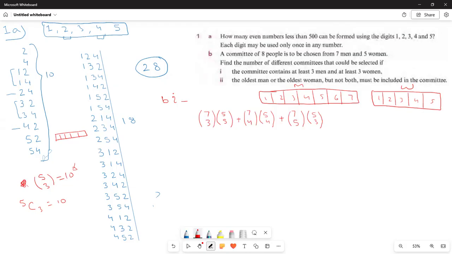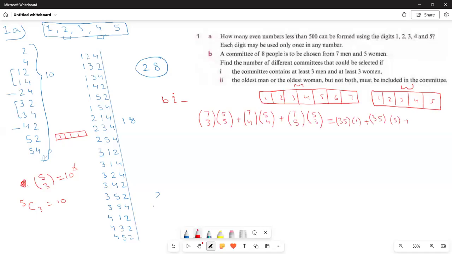So this is it. So if I calculate these numbers, 7 combination 3, I have done this calculation already, is 35, and 5 combination 5 is 1. This is common sense. Okay, 7 combination 4 is again 35, and 5 combination 4 is 5.